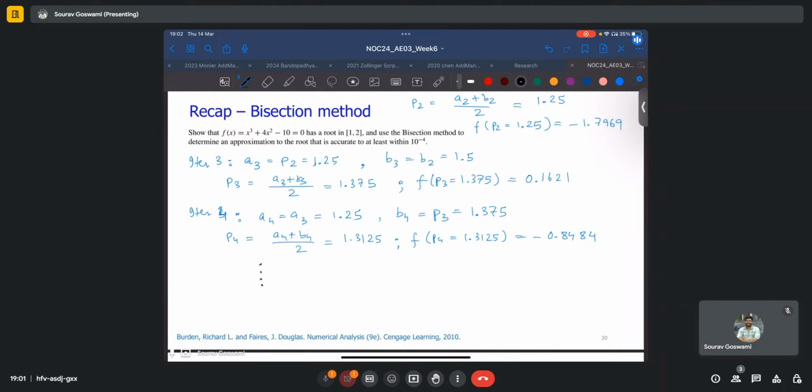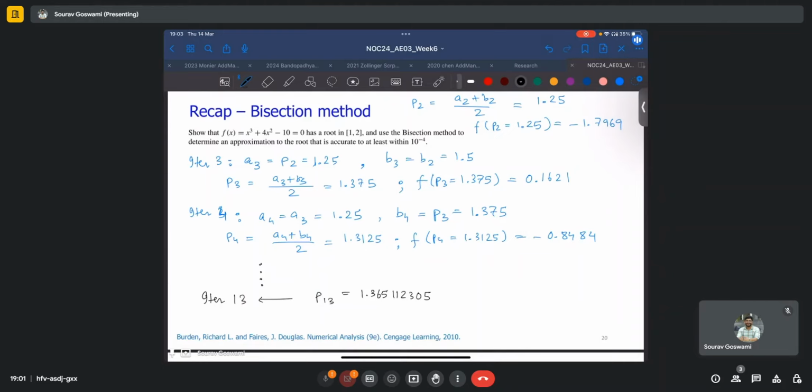say, after the, I have done this somewhere, after the 13th iteration, we will have the root, this will be equal to 1.365112305. So many more significant digits than I have been showing here.